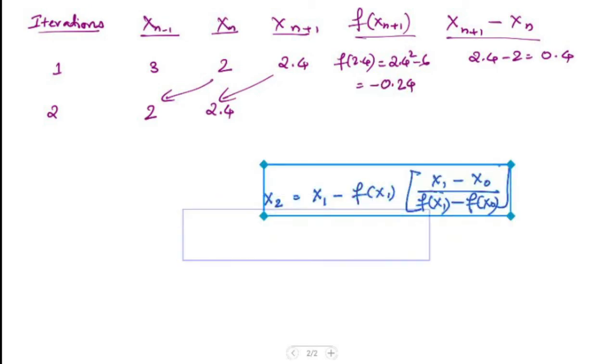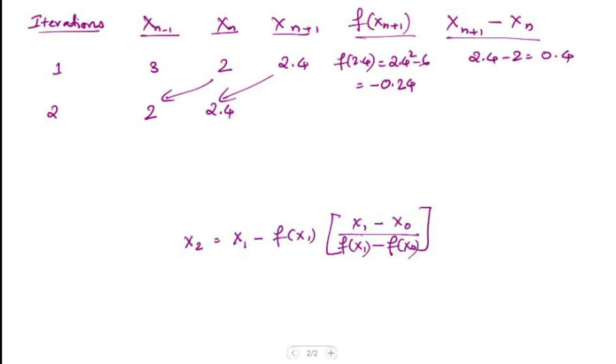Now we are going to find x3, but I wouldn't write it as x3 here; instead I'll write it just like in the formula. So we have xn plus 1 equal to xn minus f of xn times xn minus xn minus 1, divided by f of xn minus f of xn minus 1.